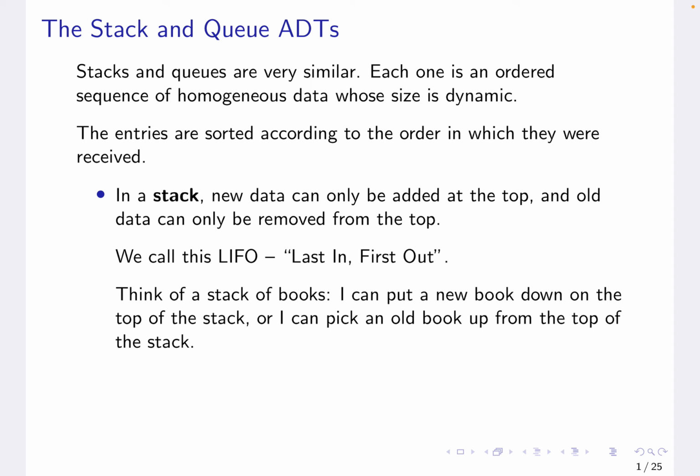So in a stack, only the last item that you most recently inserted, like the rightmost item in a left to right list, only that one can be removed. So we have an acronym for that, LIFO, last in, first out.